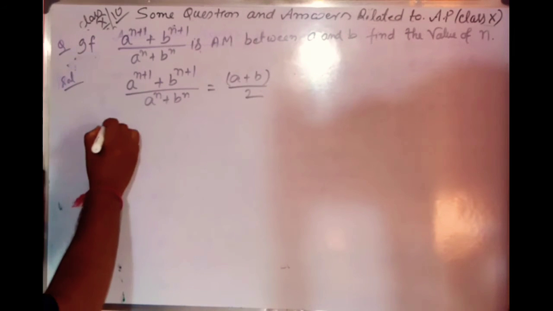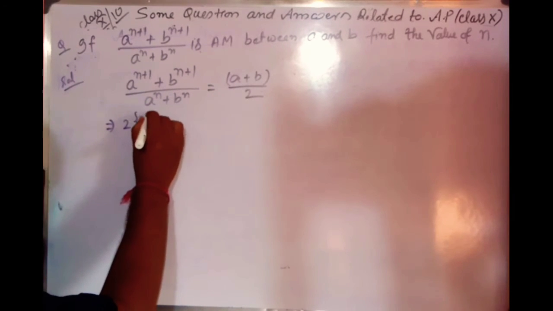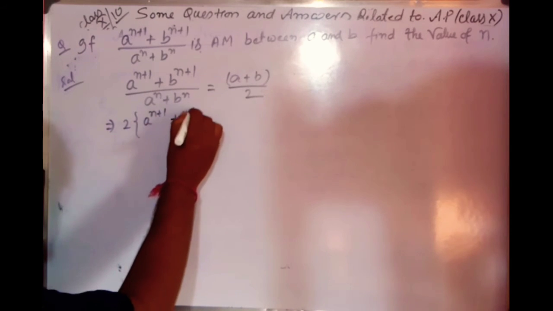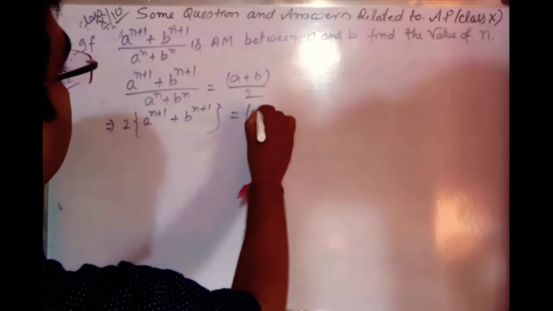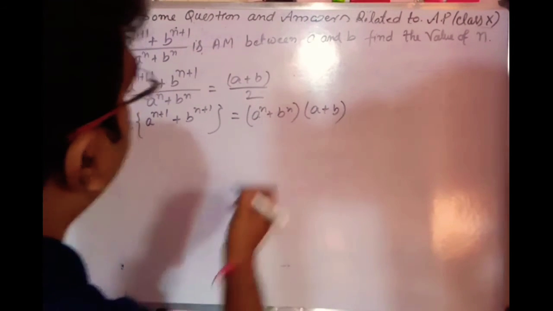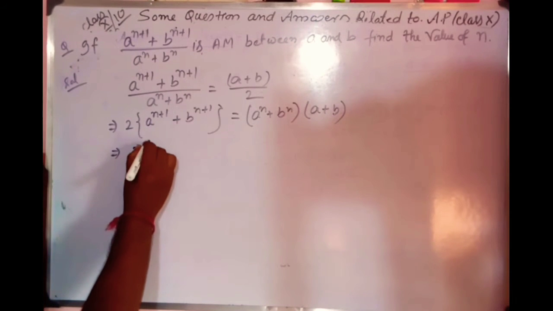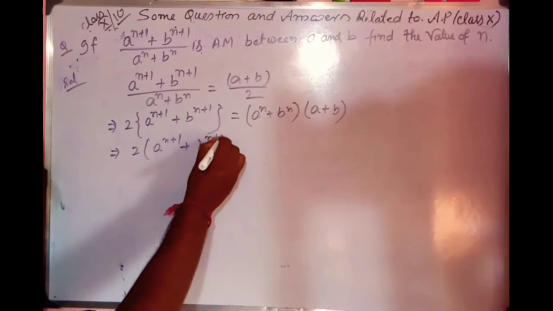Next step, we should multiply by 2 over here. We are getting 2(a^(n+1) + b^(n+1)) equals (a^n + b^n) into (a + b). Now here, 2 into this is 2(a^(n+1) + b^(n+1)).